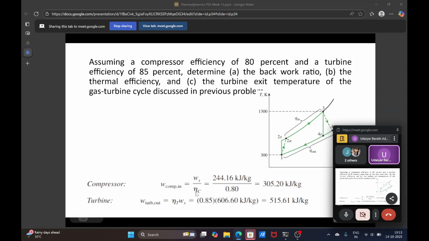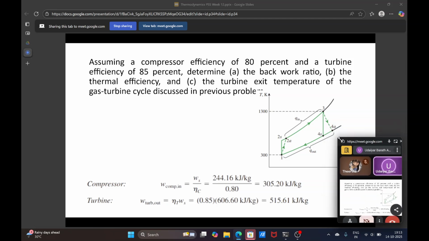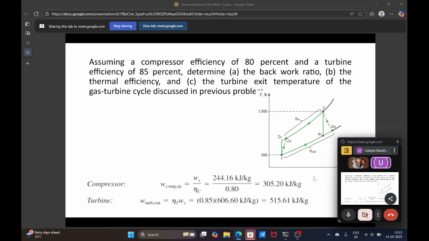So the compressor work is then 305.2 kilojoule per kg, and similarly the turbine work is the turbine efficiency, 0.85, multiplied by the isentropic expansion work, which comes out to be 606.6. That gives the actual work done as 515.61 kilojoule per kg.